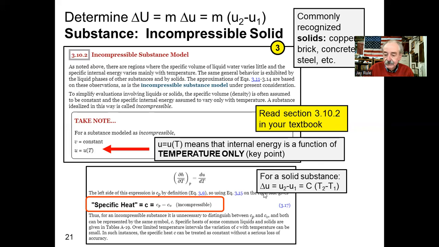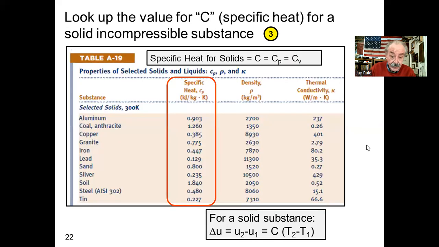Here it is right here. Delta U is U2 minus U1, and that's simply going to be equal to specific heat, C, times T2 minus T1. And how would you get the specific heat for brick, for copper, for concrete? You go to table A19. It's a straight lookup.